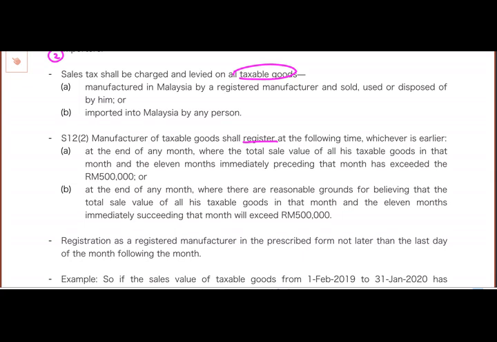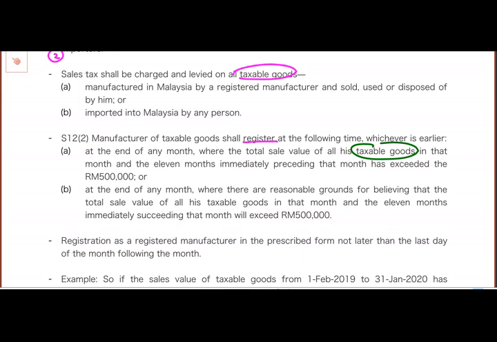Okay? So how do you calculate the threshold? Now, the threshold is based on the sales value of your taxable goods. So we only use taxable goods to measure the threshold.